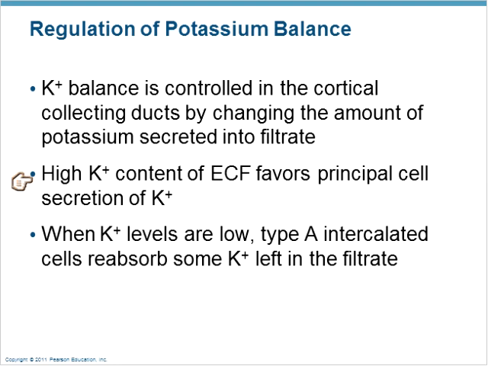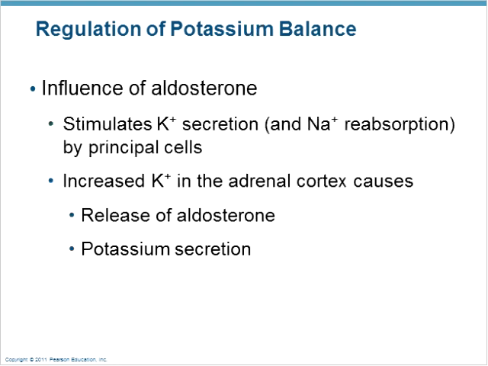High potassium content of the extracellular fluid favors the principal cell secretion of potassium. When potassium levels are low, the type A intercalated cells reabsorb some of the potassium left in the filtrate. So this all happens within the kidney proper, in the initial glomerular filtrate.